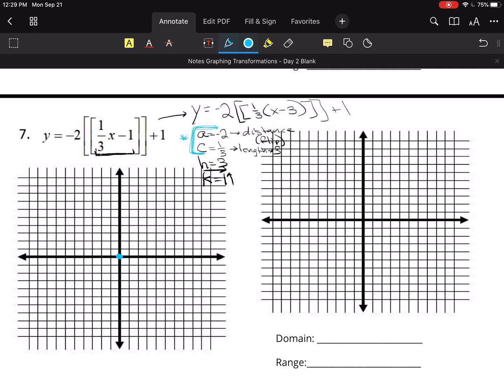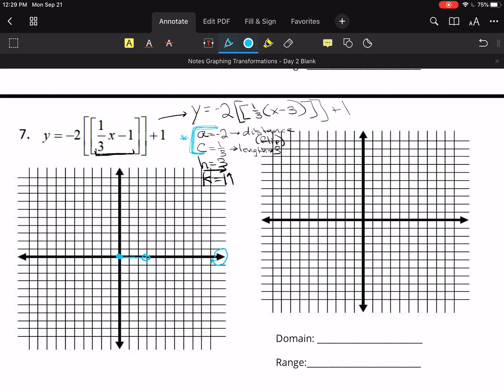I have a length of 3. So 1, 2, 3, open dot. Now, normally from here, I would do whatever my A is and go up that distance, right? But because it's negative, that means I'm flipping about my x-axis. So a vertical flip, right?